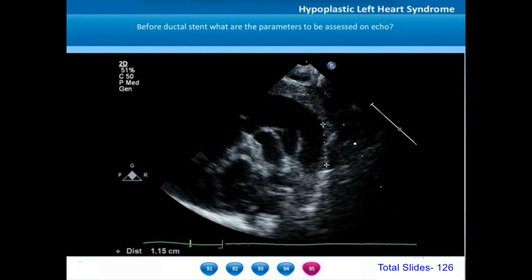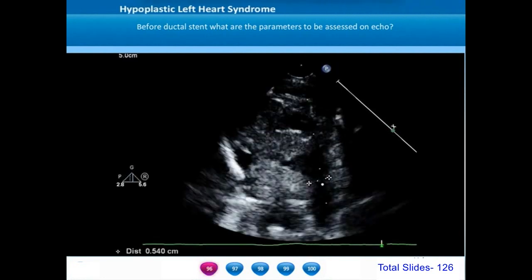This will result in serious systemic hypoperfusion. Measuring the descending thoracic aortic diameter is also important, since the ductal stent has to at least match the descending thoracic aorta. It cannot be smaller than the descending thoracic aorta.